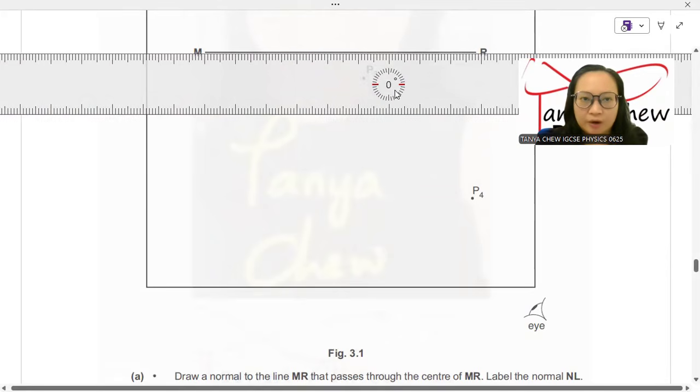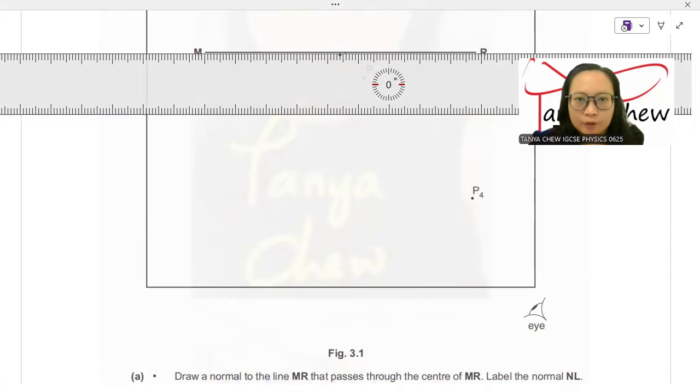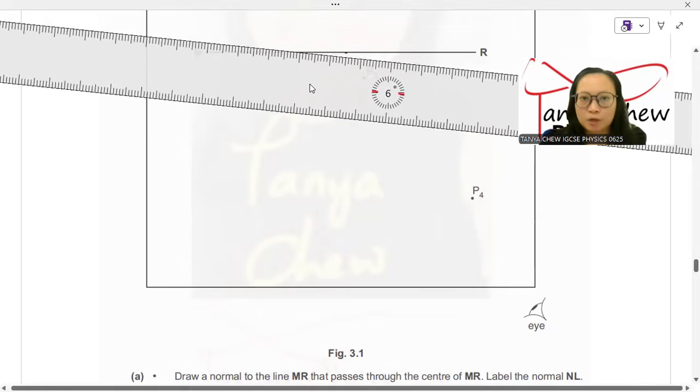But here I need to roughly draw it. 1, 2, 3, 4, 5, 6, 7, 8, and 9. So it is about 4.5. 1, 2, 3, 4, roughly about 4 point, okay, somewhere here. So just roughly draw the normal.